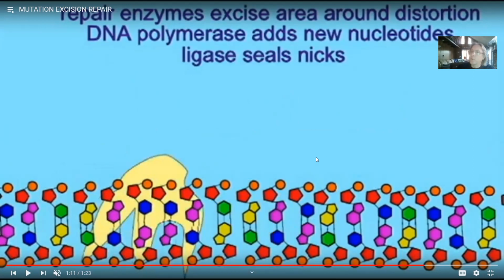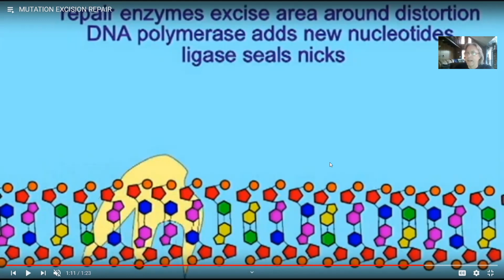Now, for some reason, some of the excision repair in eukaryotes, such as humans, is tied to transcription. So if an area is going to be transcribed, used, so genes are going to be activated, then DNA that is distorted is fixed. Why is this linked to transcription? Not sure.